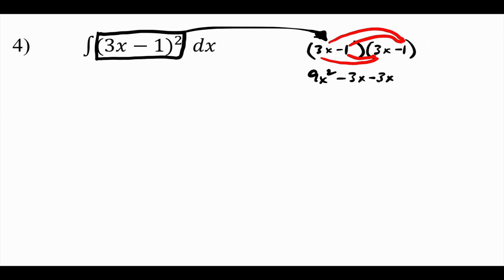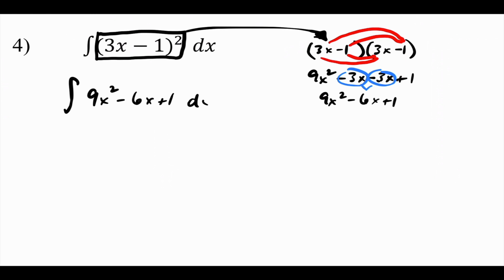Multiply the last terms, you get positive 1. Combine like terms. So this is the same thing as that question. They're the same question. One's multiplied, one's not.